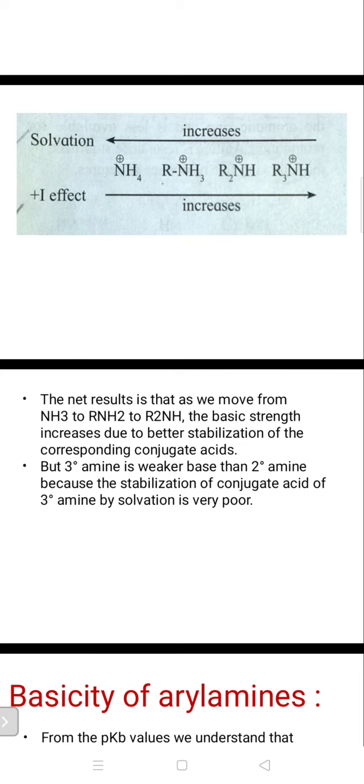Why? The reason is that the stabilization of the conjugate acid of the tertiary amine by solvation is very poor, and that's why we see such an abnormality here. I explained these three factors for the basic strength of the aliphatic amines.